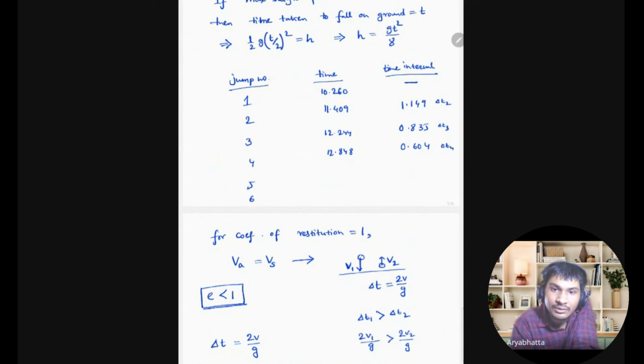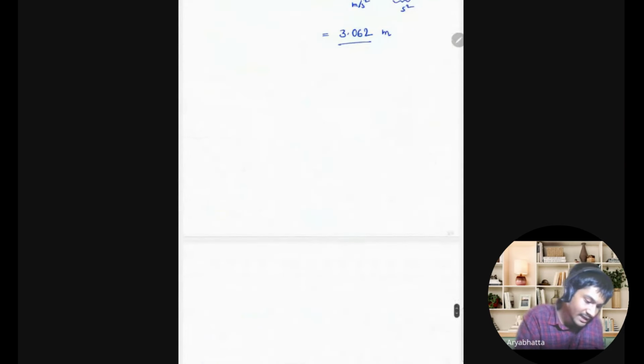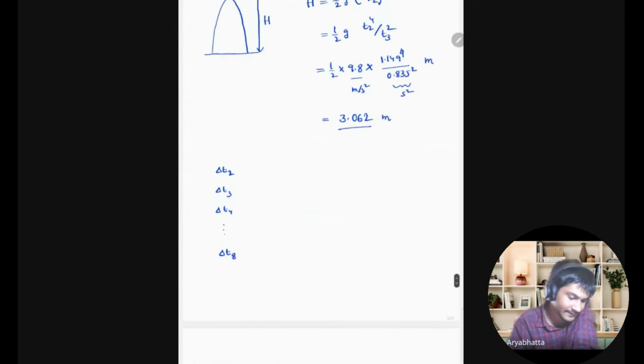There are total 1, 2, 3, 4, 5, 6, 7, 8 collisions given in the data. So if you write down all the delta T values, then you would have a data set with delta T2, T3, T4 up till delta T8. And you don't have delta T1.